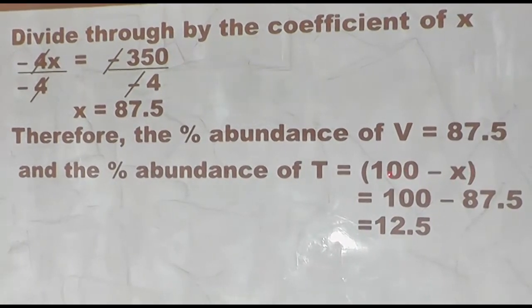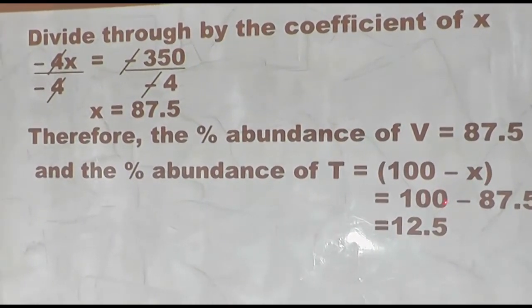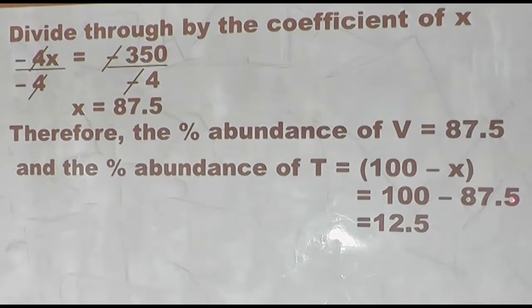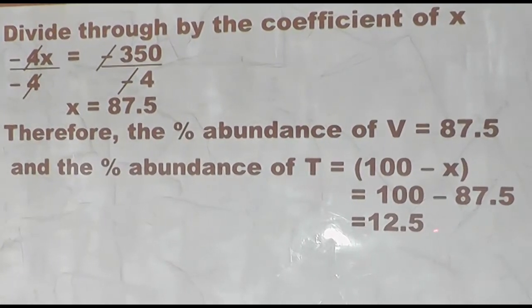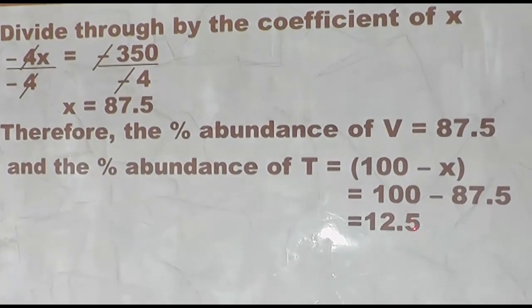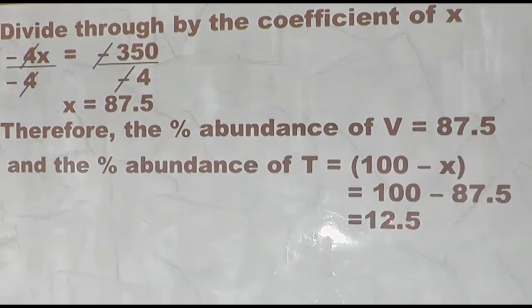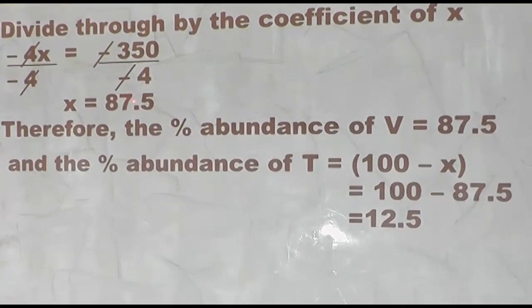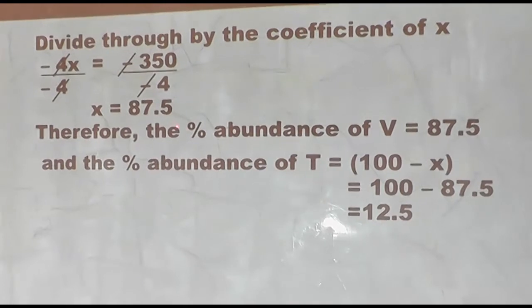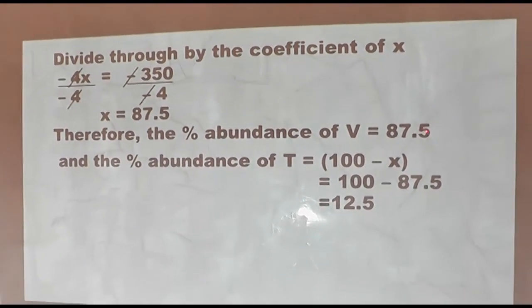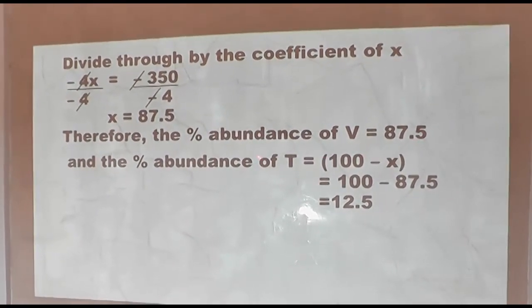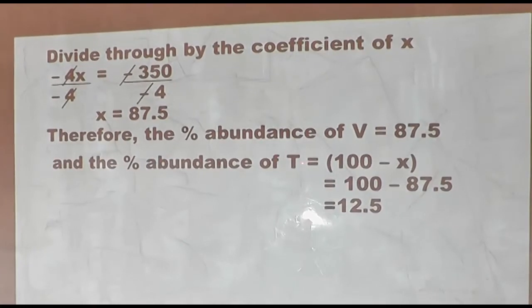Hence, 100 minus x is equal to 100 minus 87.5, which is equal to 12.5. Therefore, the percentage abundance of V is equal to 87.5%, and that of T is equal to 12.5%.